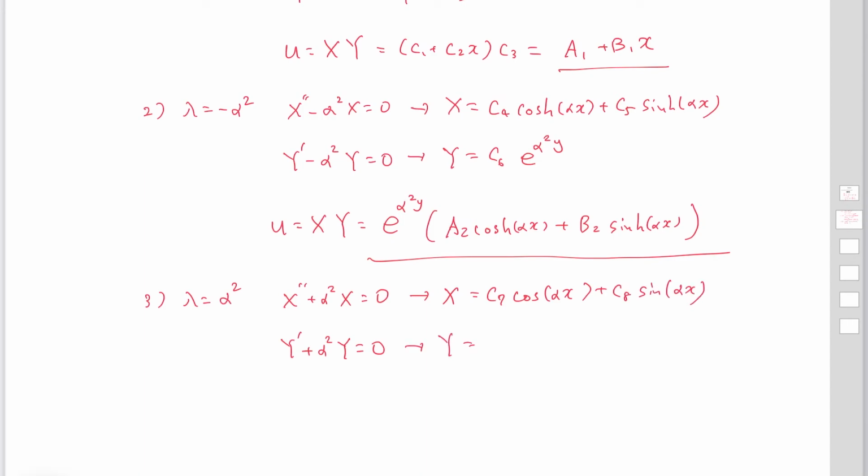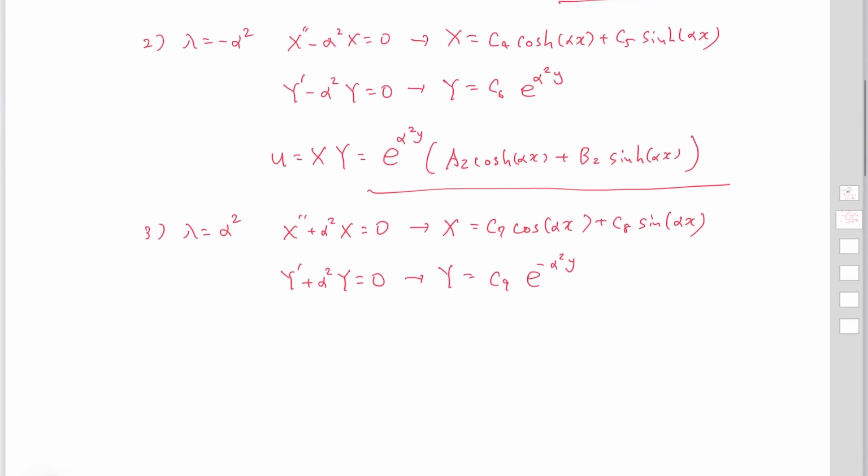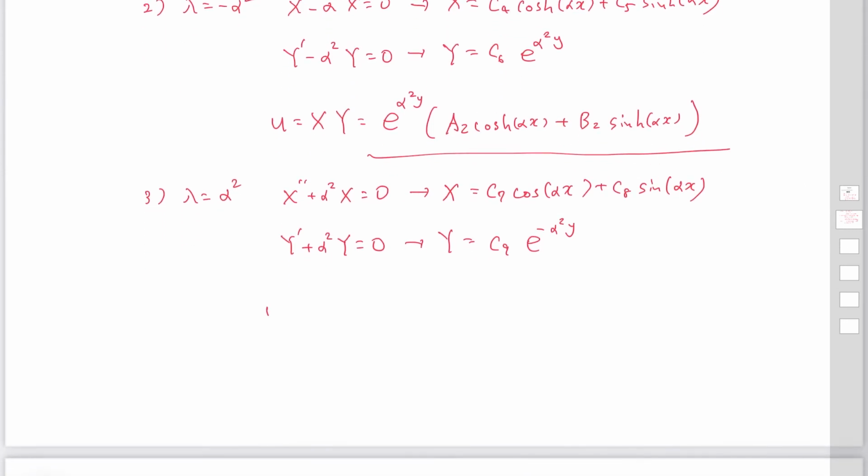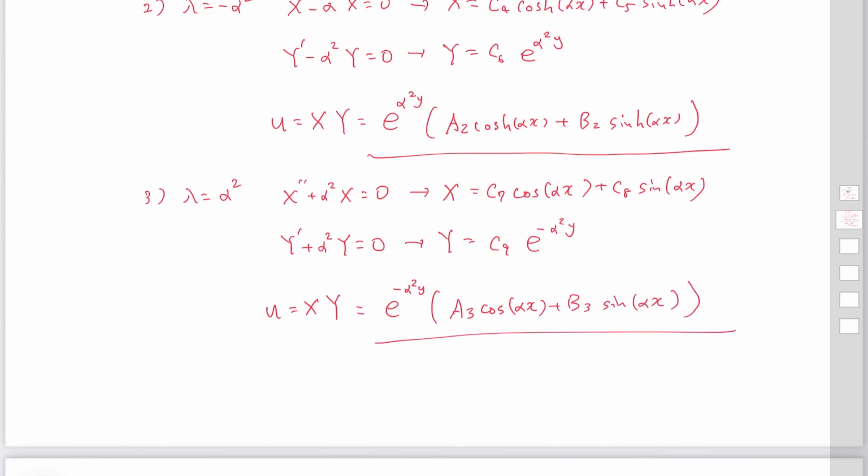Y is c sub 9 exponential minus alpha squared y. Then we combine these two expressions to find u, the product of X and Y, which is exponential minus alpha squared y times a sub 3 cosine alpha x plus b sub 3 sine alpha x. This is the solution when lambda is a positive quantity.